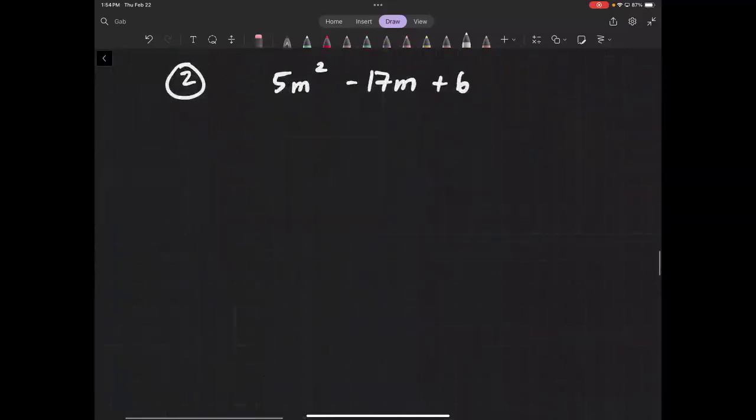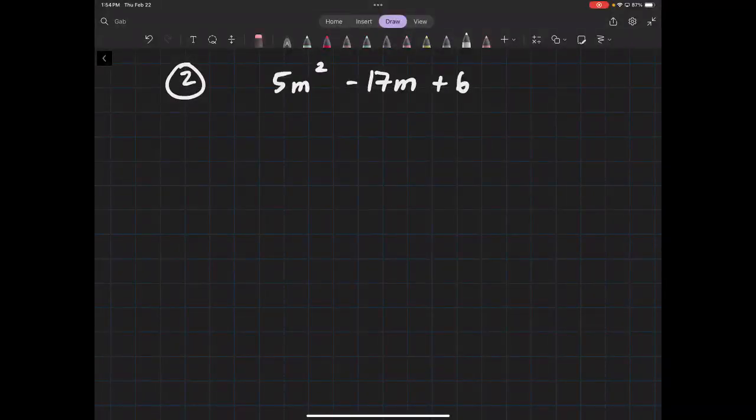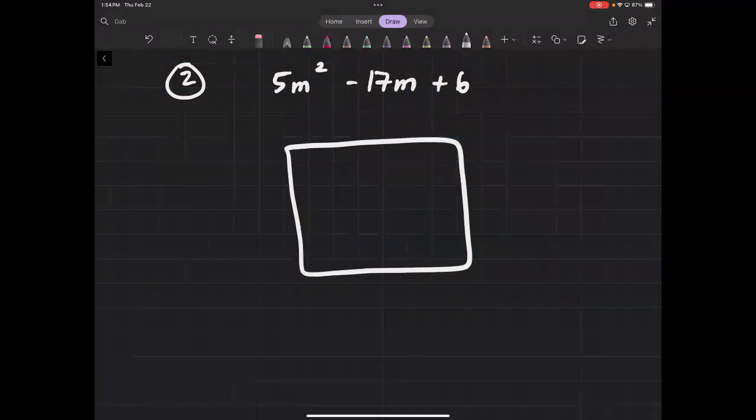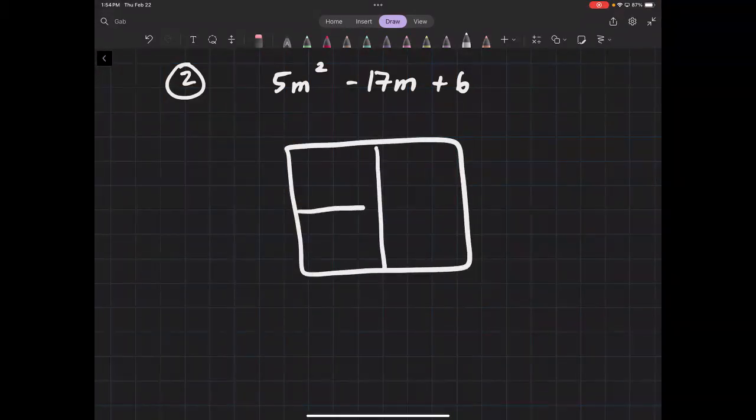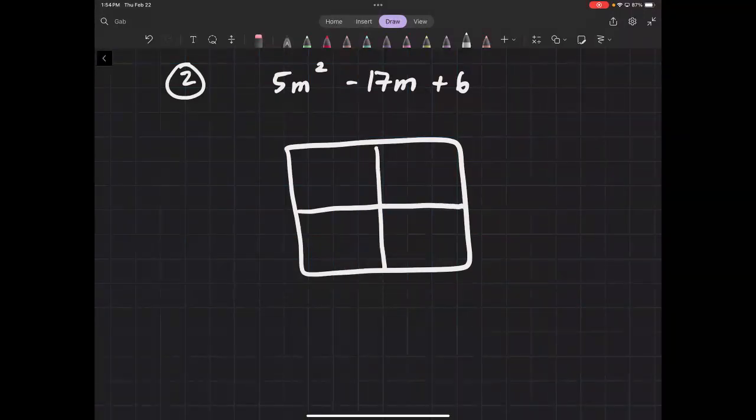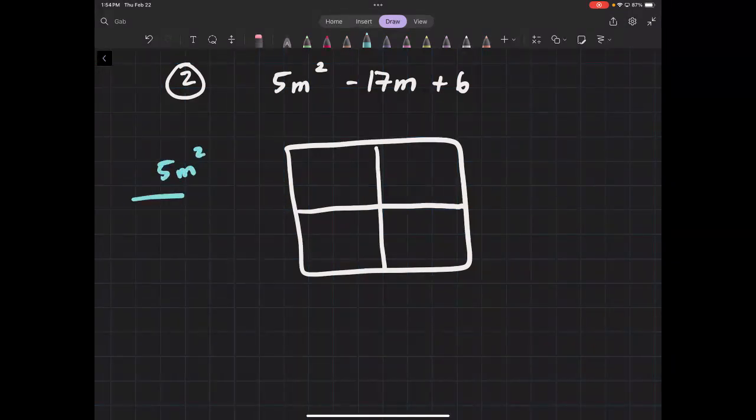Okay? Alright, second one. You guys should help me out. Okay, what should I do first? 5m squared? Okay, factors for 5m squared? 1 and 5. So it's like m times 5m. Okay.